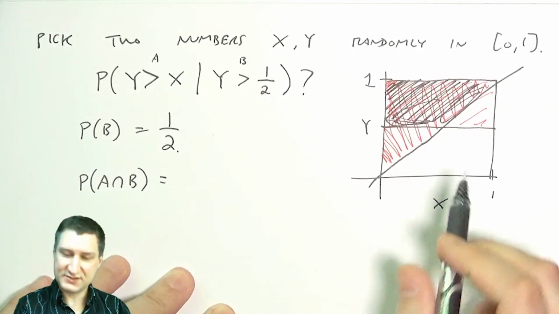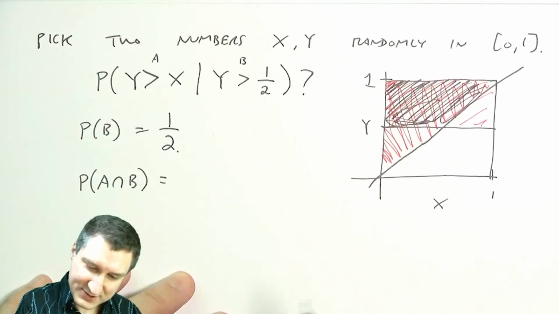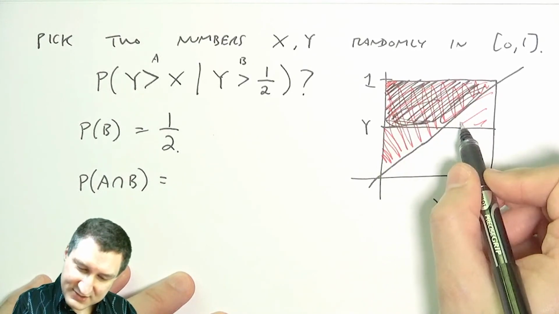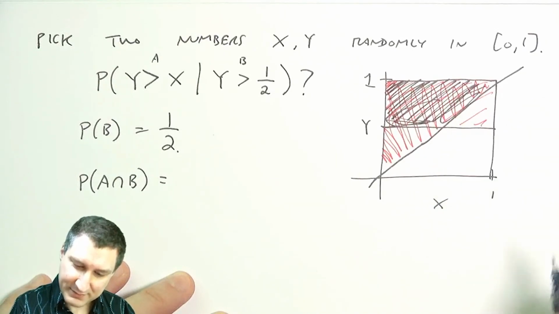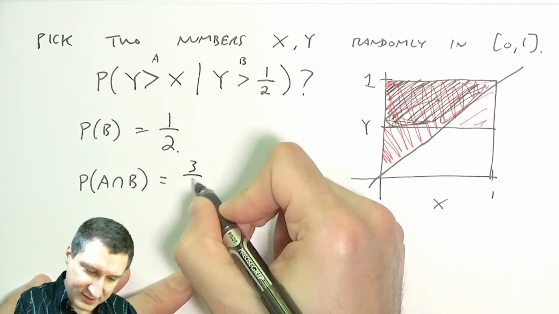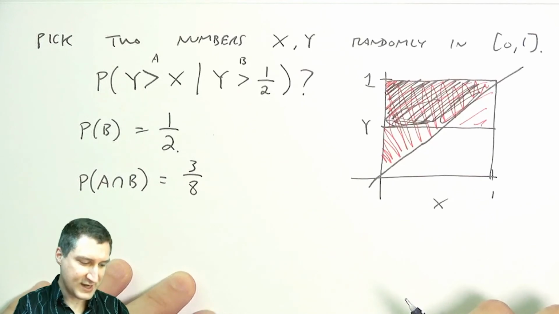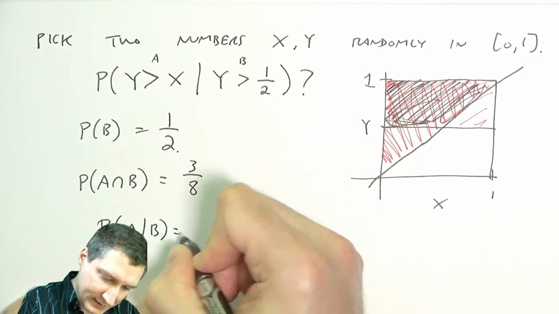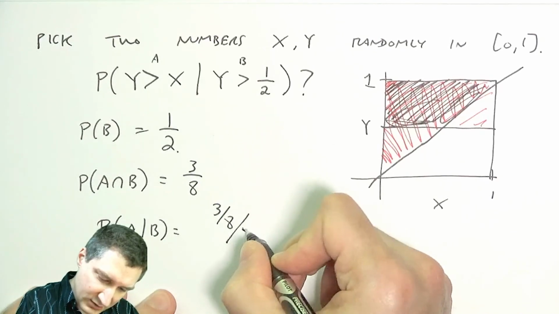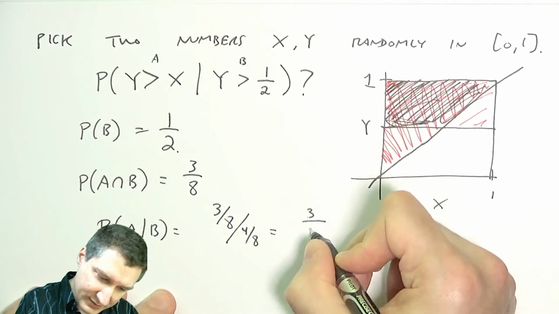What's the area of this black part? I know I could have done this better, I'm sorry. Well, the area of this thing is half, so I can reason that each of these little triangles that make up the whole thing must be an eighth. So I can see that this dark part is 3/8, and so the probability of A given B is 3/8 over 4/8, which is equal to 3/4.